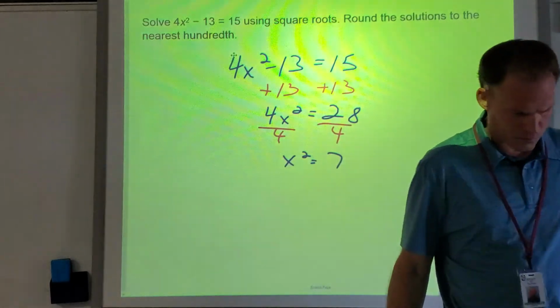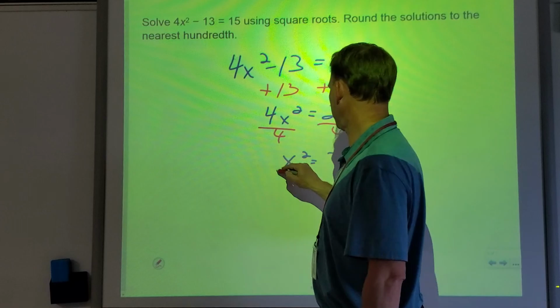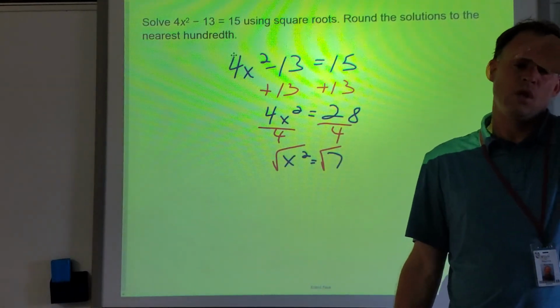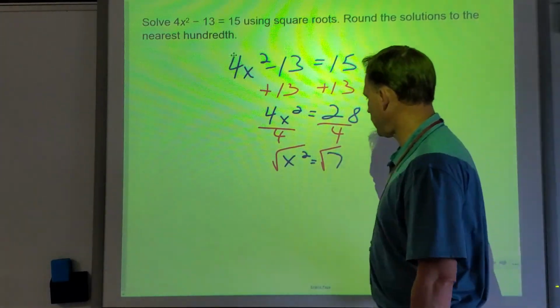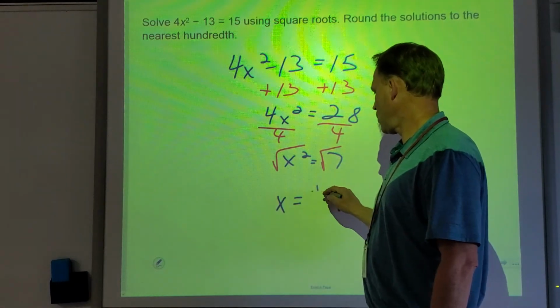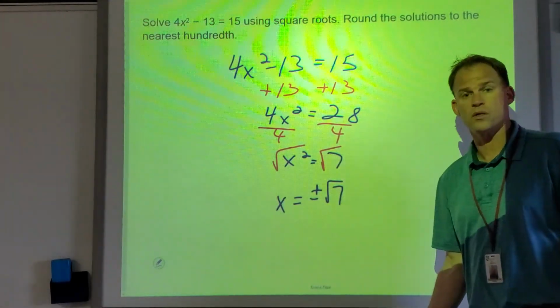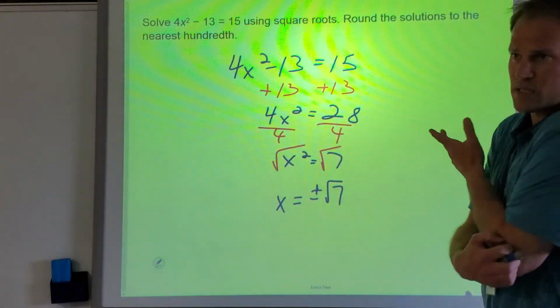Okay, next step, square root. Square root of 7. So, a lot of textbooks that we've ever had want you to write plus minus square root of 7, because square root of 7 doesn't break down. We spent all that time on the radical chapter, breaking radicals down. It doesn't break down, you just leave it.